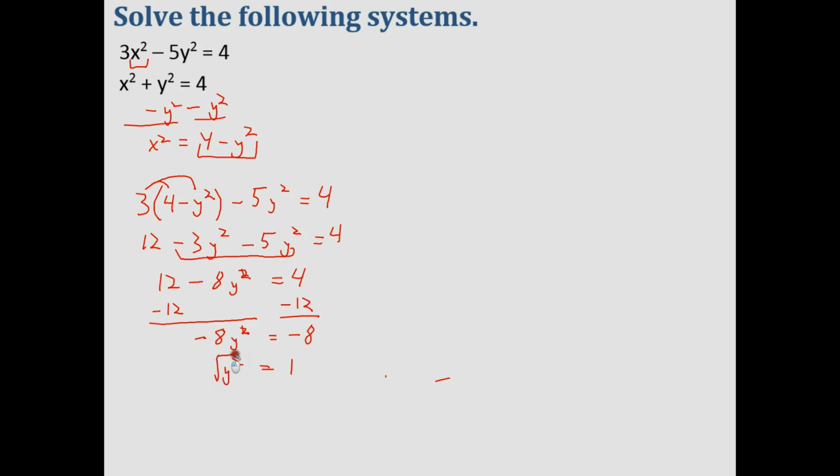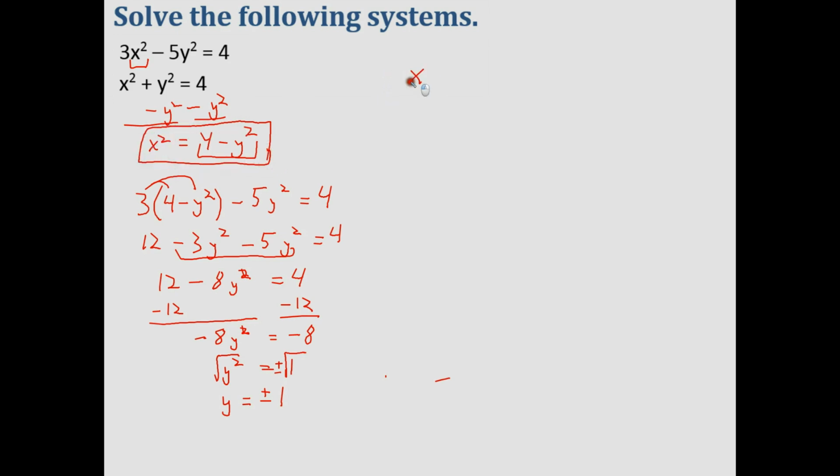And then we take the square root of both sides. And square root of 1 is just 1, because you think of what multiplied by itself is 1. So we have plus or minus 1. So again, we have two solutions here for y, 1 and negative 1. So we're going to plug both of those in. When doing substitution, usually the easiest one to plug it into is the one that you solved for.